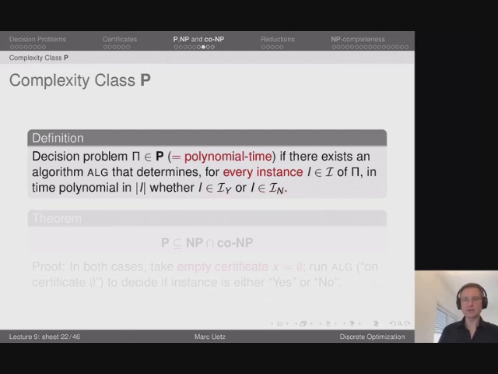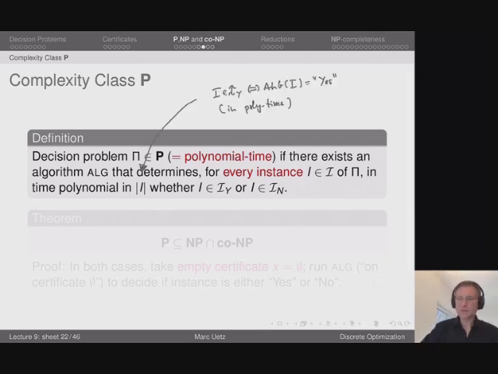So that means solving a decision problem, being able to determine the right answer, yes or no, in polynomial time. Before the theorem, just one more remark. So that means that the algorithm actually returns yes on an instance I if and only if this instance is a yes instance, or it returns no if and only if the instance is a no instance.